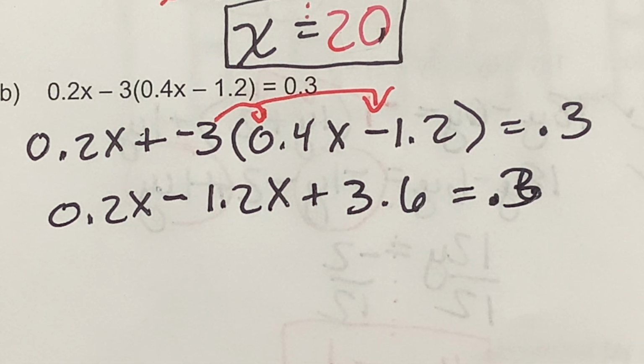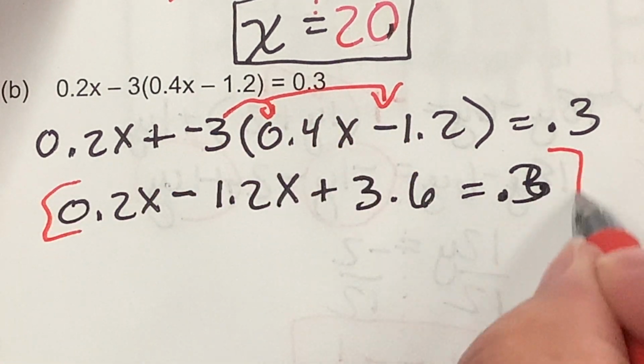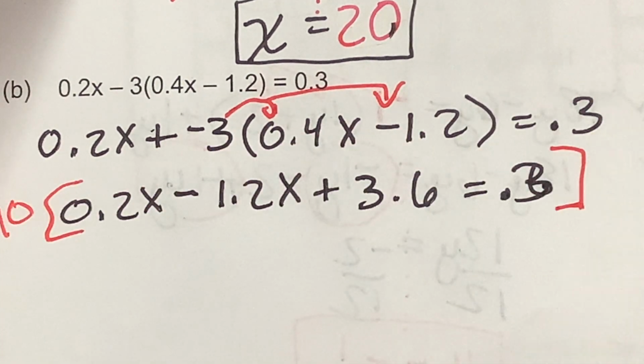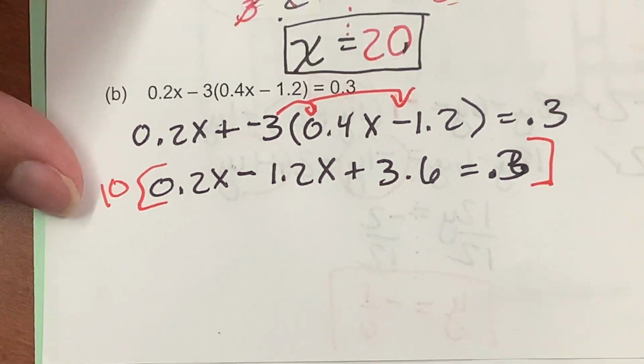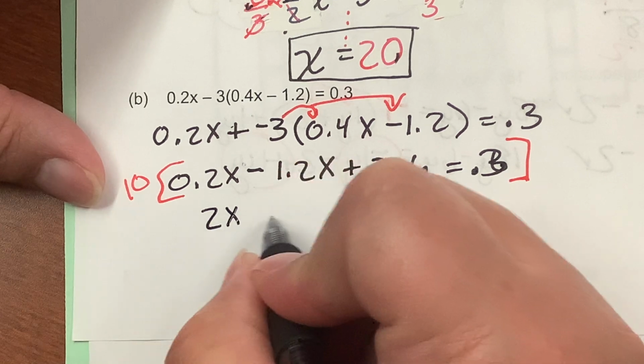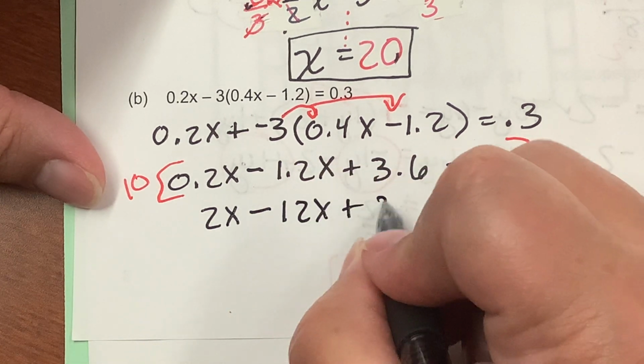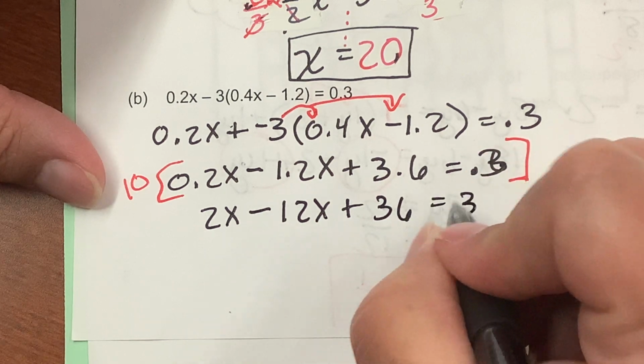Ugh, tenths, all over the darn place. Let's get rid of those by multiplying times 10. Haha, they can all go away. And then I get 2x minus 12x plus 36 equals 3.